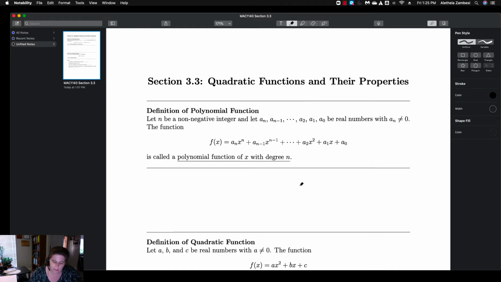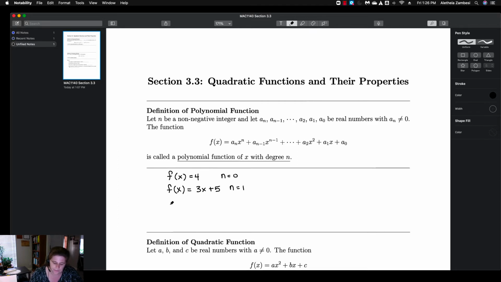Polynomial functions can be something as simple as f of x is equal to 4. So f of x is equal to 4 is our horizontal line, so this is a constant function. If we have a function of the first degree, it could be something like 3x plus 5. So our degree here on the first one is 0.